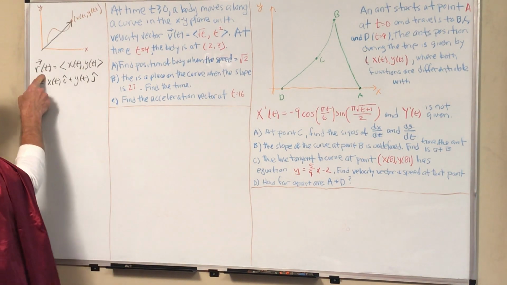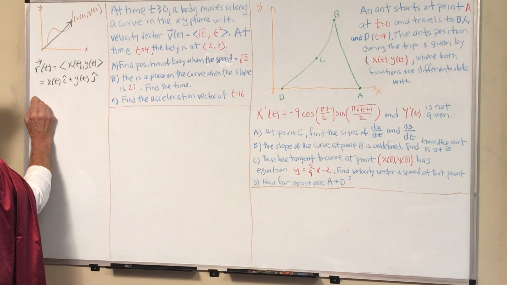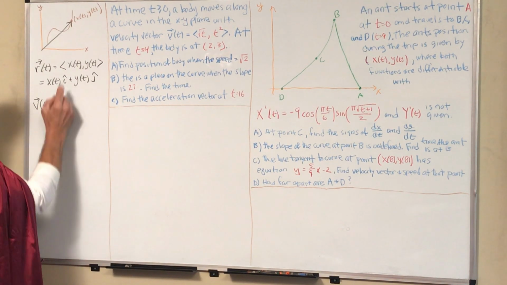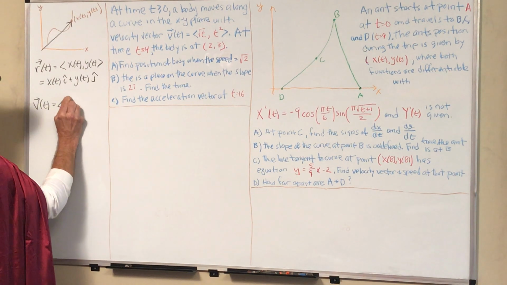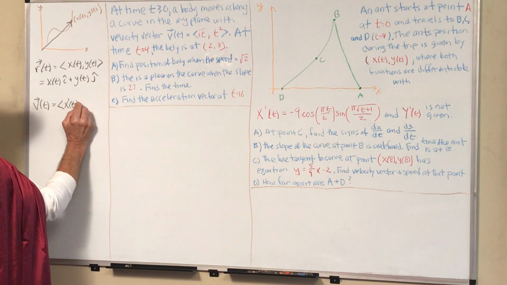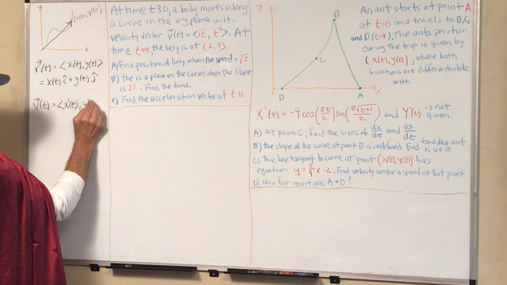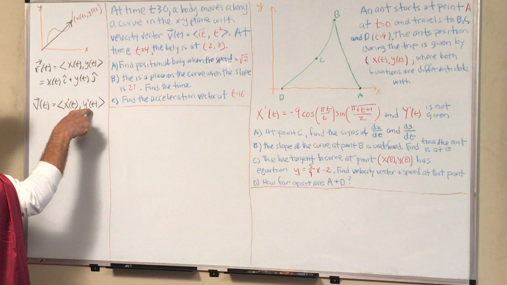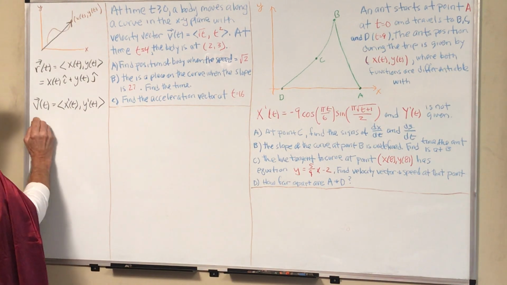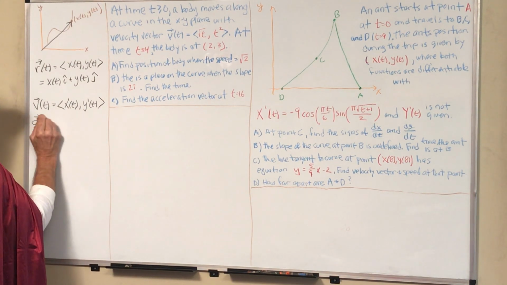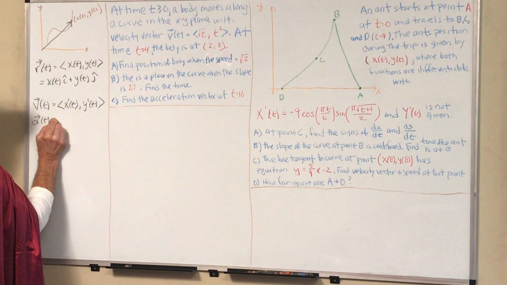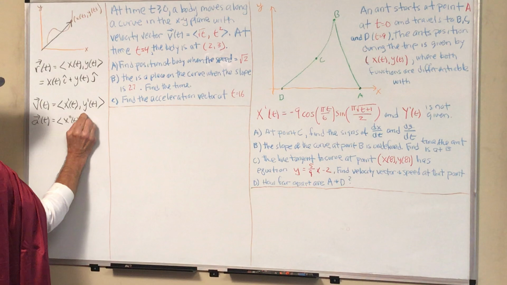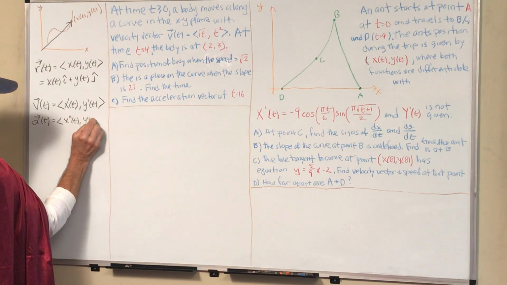And associated with this position vector is also a velocity vector, which has as its components what we've been talking about, x prime of t, or dx dt, and y prime of t, and there's even an acceleration vector, which is x double prime of t, y double prime of t.